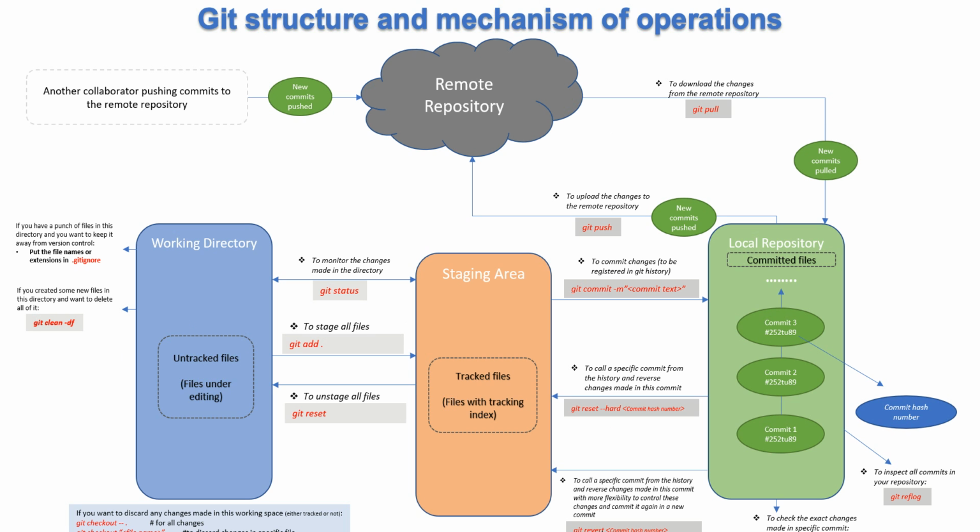you can use git revert just to reverse the changes you did in a specific commit. Let's say that in a specific commit you made some changes and you want to reverse them. It is better to use git revert because it will reverse the changes in this commit and put it as another commit. As an example, if you want to reverse this commit, you will reverse the changes you made in this version and it will be added as a new commit, like commit number 4.